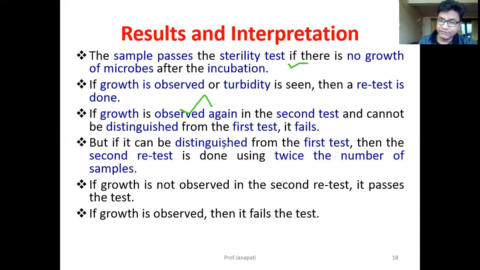But if you can distinguish it from the first test, telling that the second test is less than the first test, then the retest is done with twice the number of samples. So here, what is the criteria? If it directly passes, no growth, no issue.